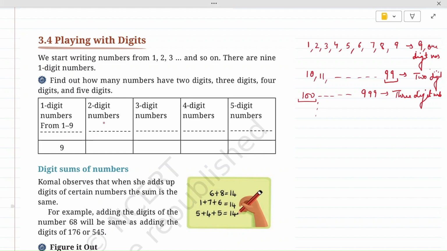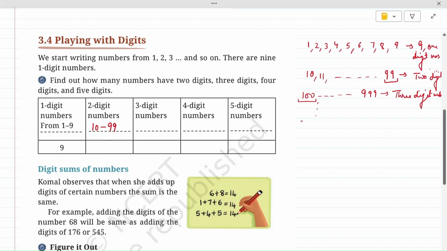How many numbers are there? 9, right? Now coming to 2-digit numbers. They start from 10 and go till 99. First we write that it starts from 10 and goes till 99, and then we identify how many numbers are present from 10 to 99.